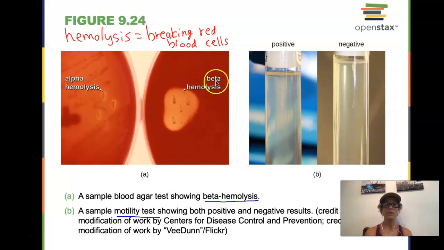Where there are no bacteria, the agar remains that deep blood red. On the other side, bacteria have been streaked and pushed or stabbed into the agar, and it's a much lighter amount of clearing, and that is called alpha hemolysis or partial hemolysis.